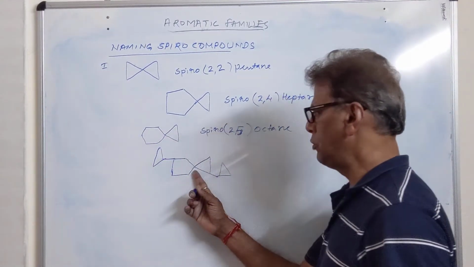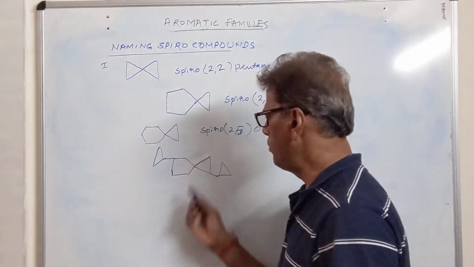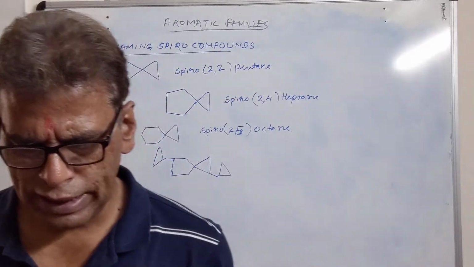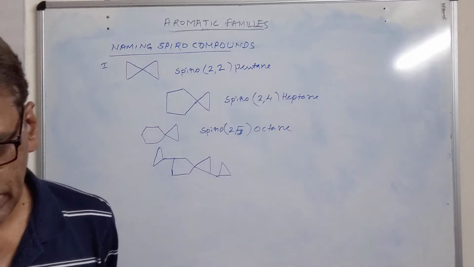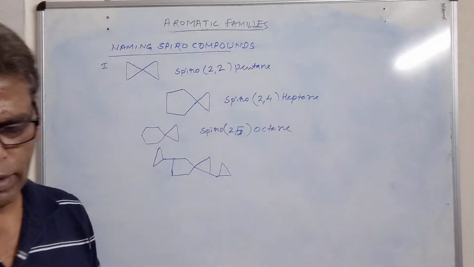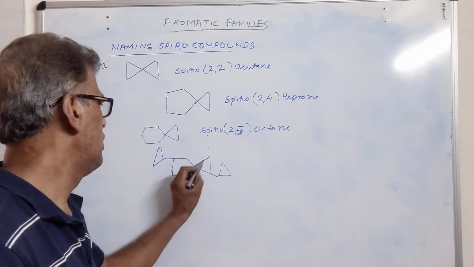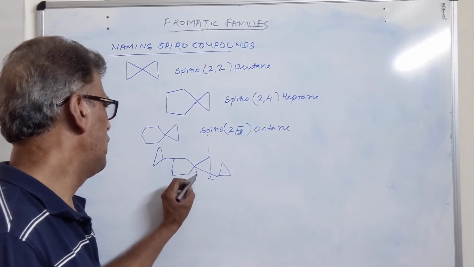Then we have another compound. Now this is a Spiro system, this is not a Spiro system. So we will be mentioning the numbers of these groups which are attached here. In such cases the numbering is done first of all on the small cycle, and that numbering is started from the carbon next to the bridge carbon, 1 2 3.